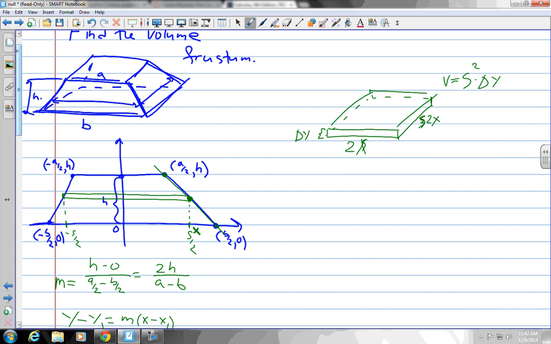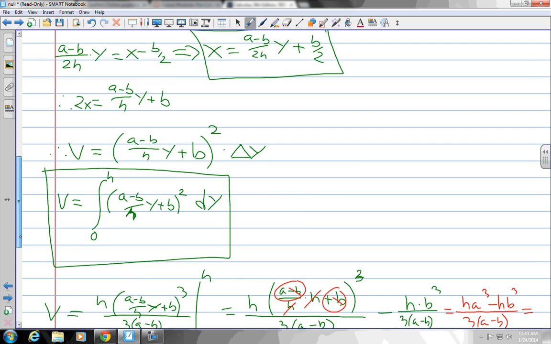What do you get, really? What kind of shape is that? It's a square base box, a parallelepiped with a square base. So we know the volume of that should be b squared h, right? Let's see if that works.